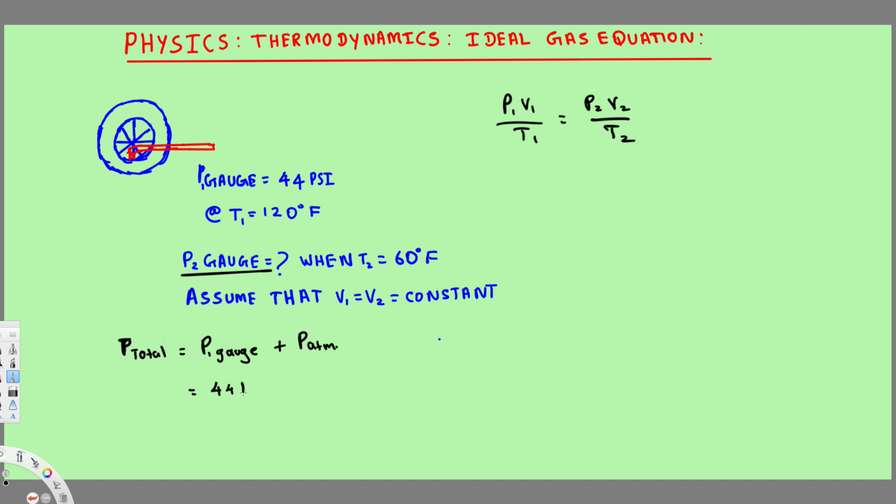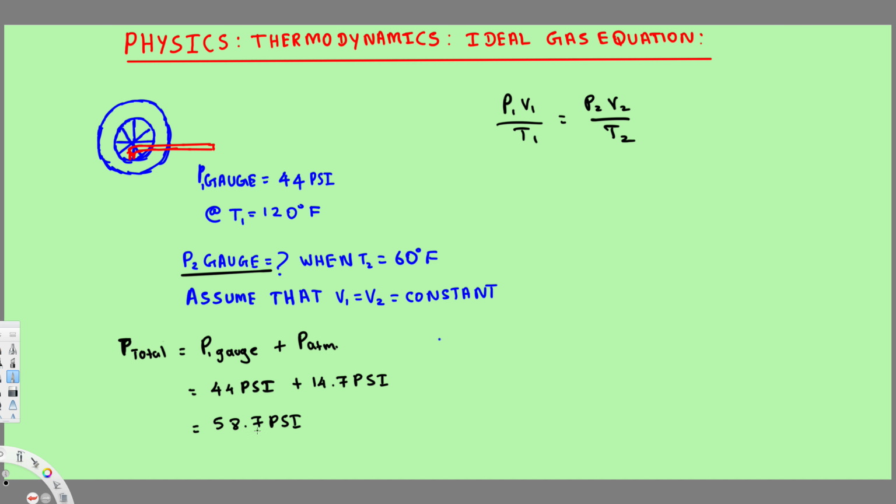And we know that 1 ATM is equal to 14.7 psi, and if you add them together you will get 58.7 psi. So this is going to be the total psi.